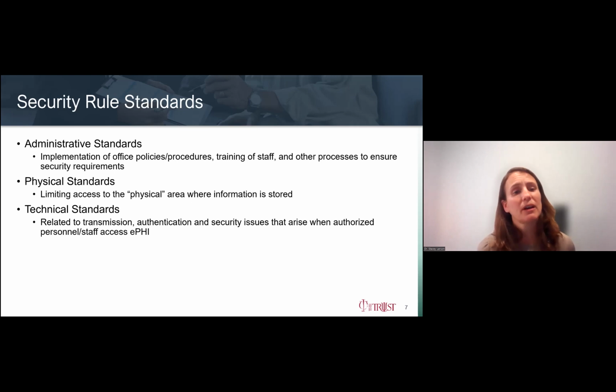So physical standards, the second main aspect of the security rule, is limiting access to the physical area where information is stored. And what do we mean by this? Basically, that is along the lines of the role-based access that's also here. So limiting physical access to facilities while ensuring that authorized access is allowed.